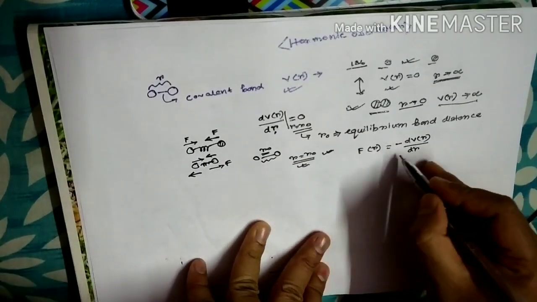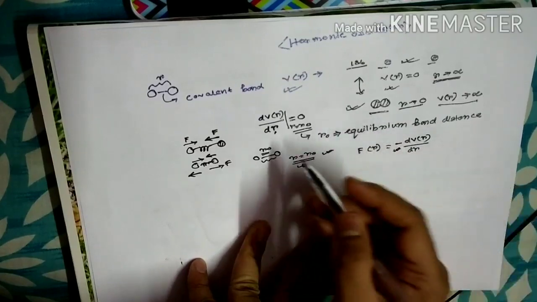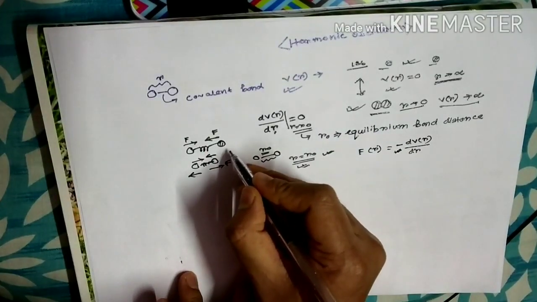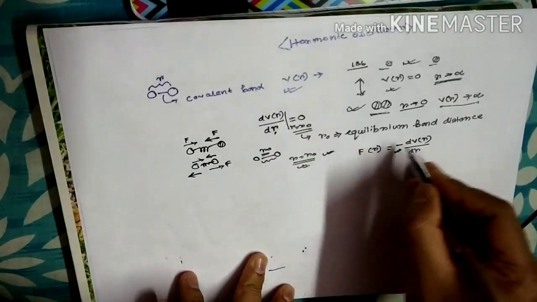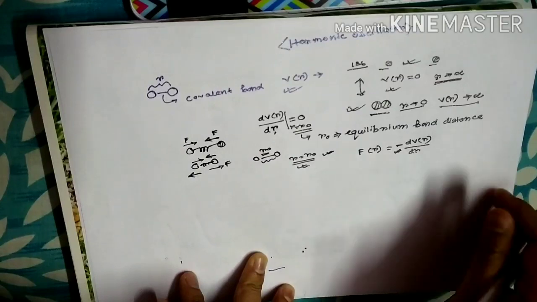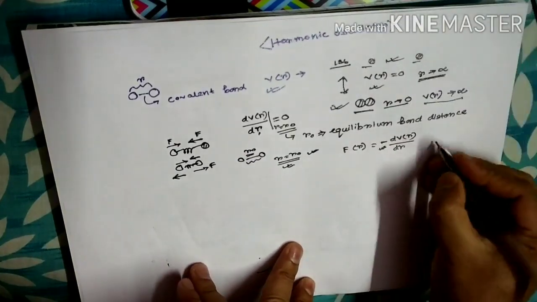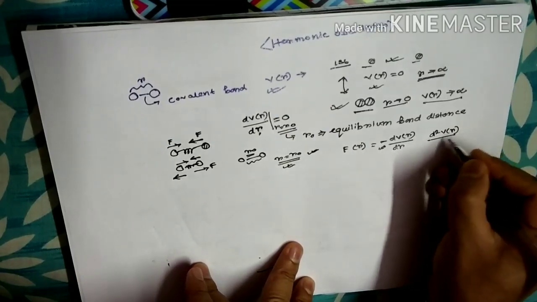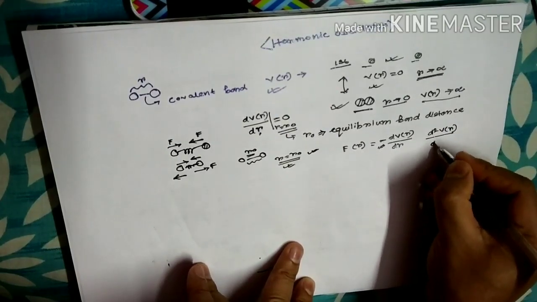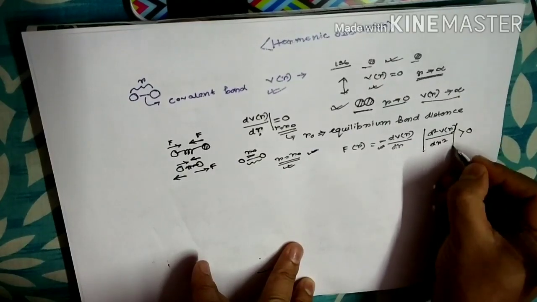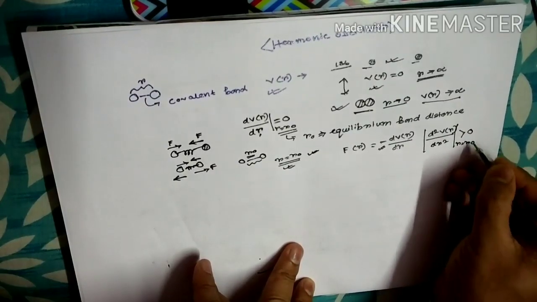The negative sign is due to the force acting in the direction opposite to the stretching. So at the minimum, the second derivative of the potential energy function with respect to r will be greater than 0 at r equal to r0.